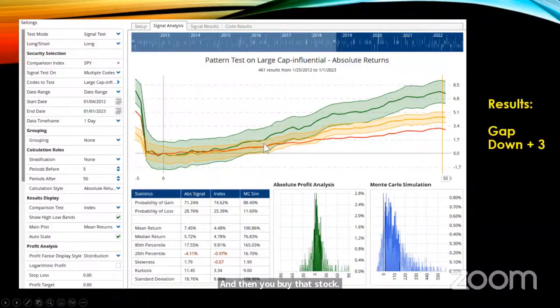This green shaded area and the yellow shaded area tell the story. The yellow shaded area is what happens to the S&P 500 over the past 10 years. And the green is what happens to these stocks that are liquid, large cap. They're the household names. It's Google, Amazon, Apple, Microsoft, all those kinds of stocks.